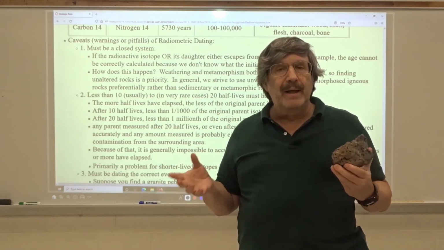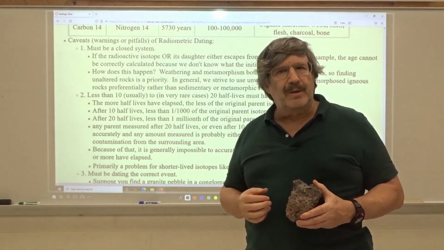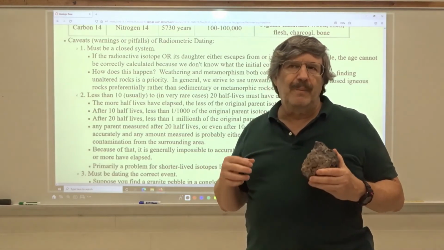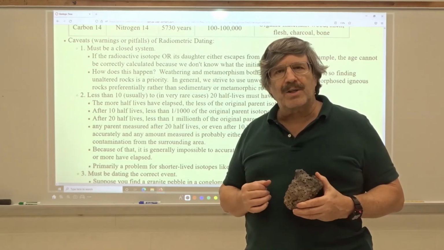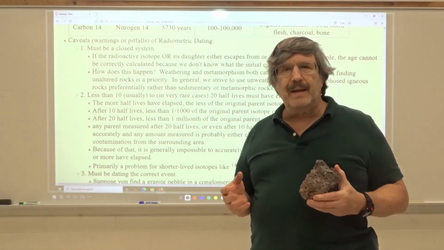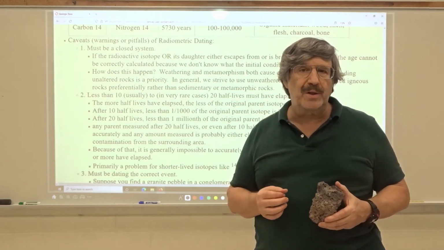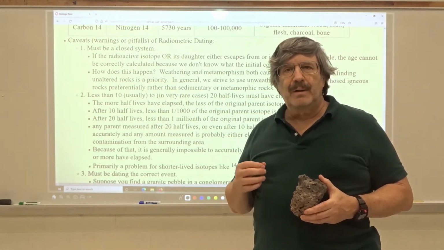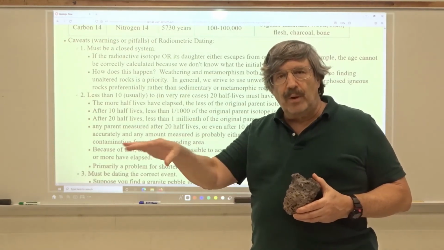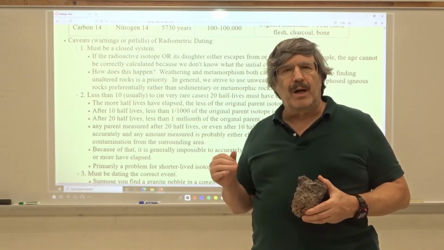So weathering is not something that you want to have in the sample that you're testing the age of. Well, remember that sedimentary rocks are the result of weathering. And because of that, sedimentary rocks are usually a very poor choice in radiometric dating. You want to avoid sedimentary rocks.